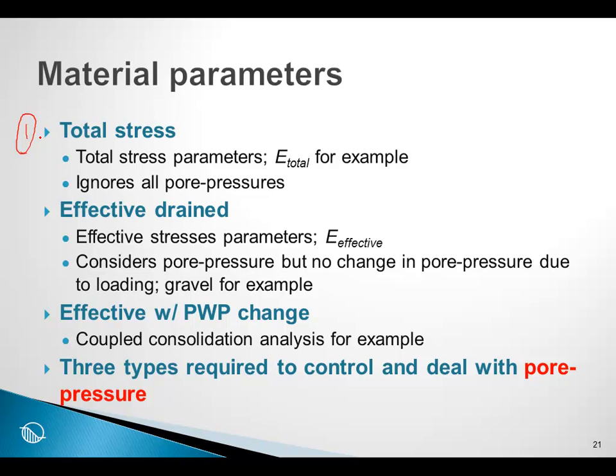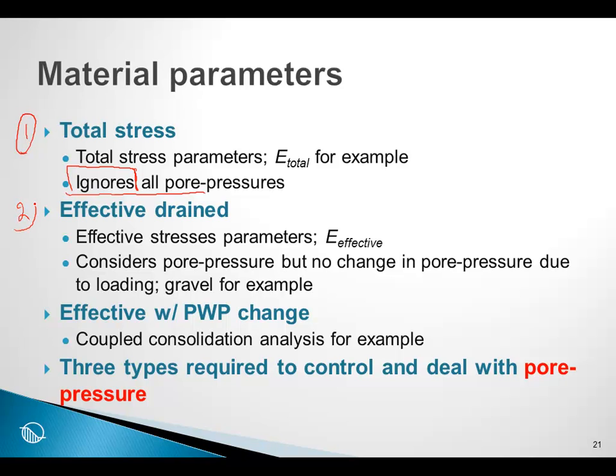This category of material properties, total stress parameters, ignores all pore pressures. The whole idea of this category is that we do not want to deal with pore water pressures, and when we assign a material with these parameters to a region, then SIGMA/W assumes that the pore pressure is undefined.